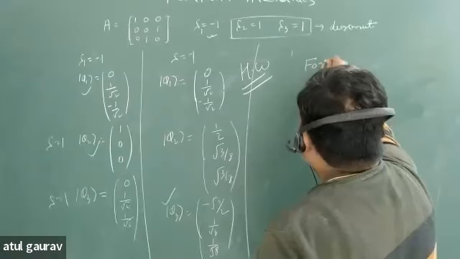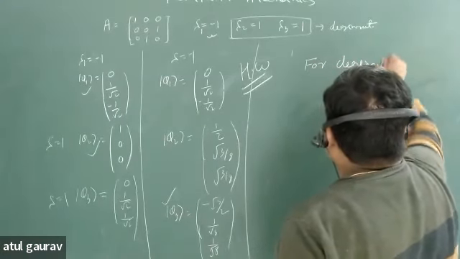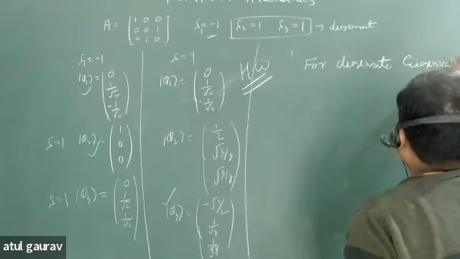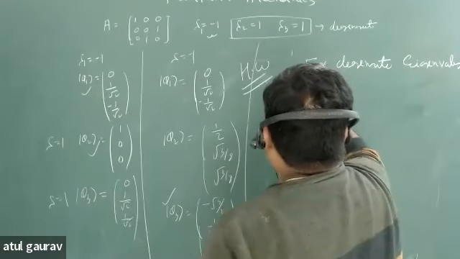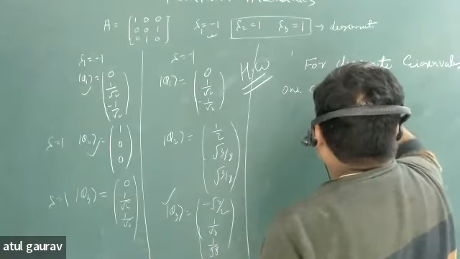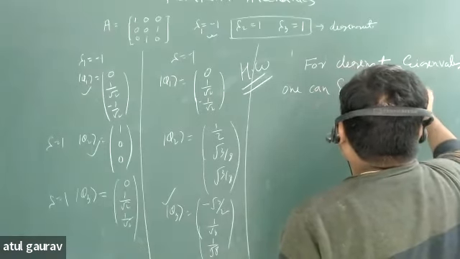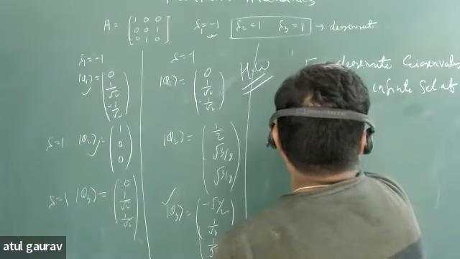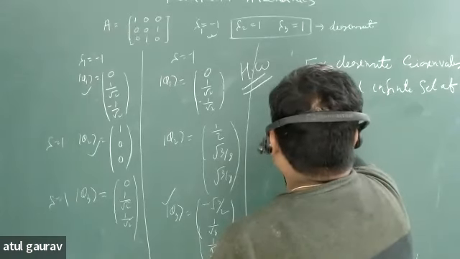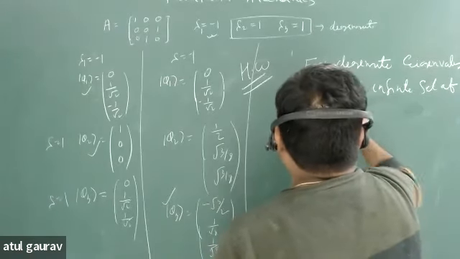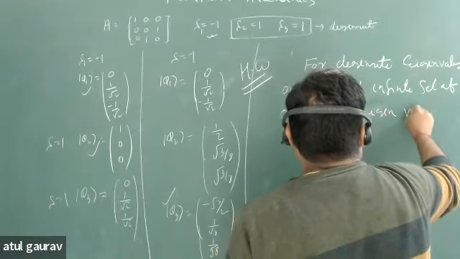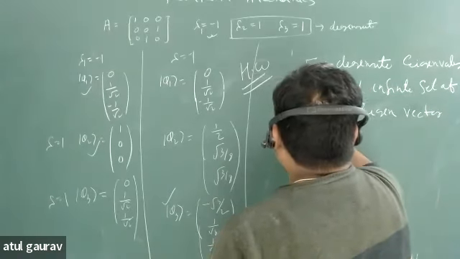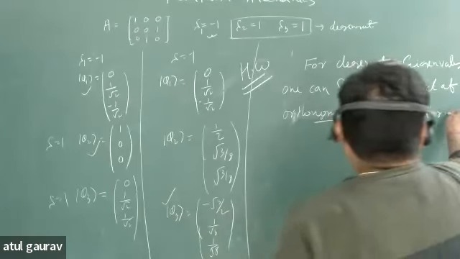For degenerate eigenvalues, one can find an infinite set of orthogonal eigenvectors. Make them orthonormal, orthonormal eigenvectors.